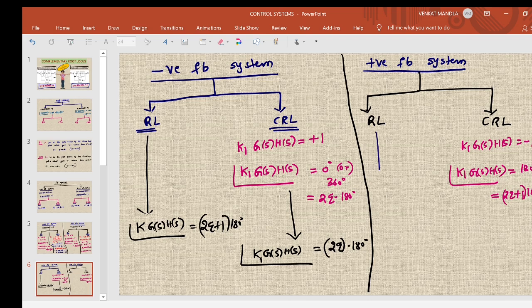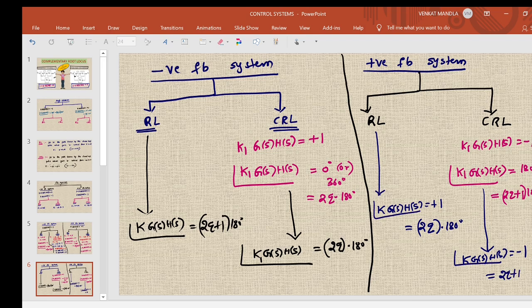For a positive feedback system, if it is a root locus, we got K GSHS equal to plus 1. That is, the angle is even multiples of 180 degrees. But if it is a complementary root locus, we got K GSHS equal to minus 1. That is, the angle is odd multiples of 180 degrees.